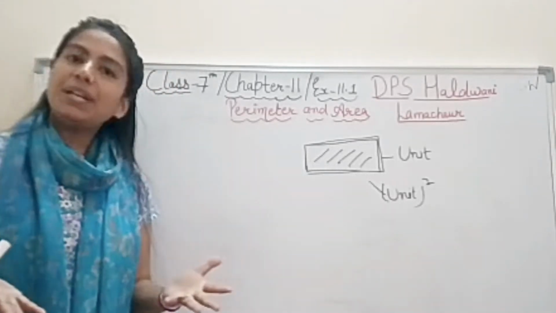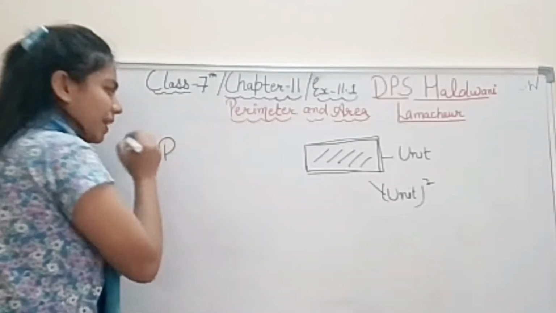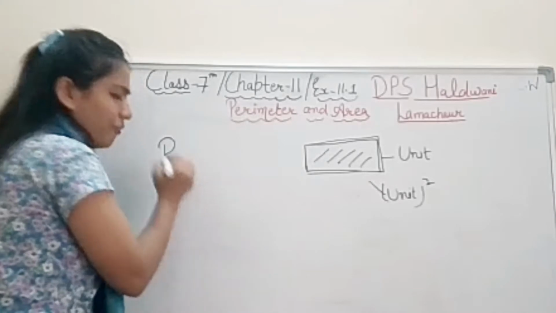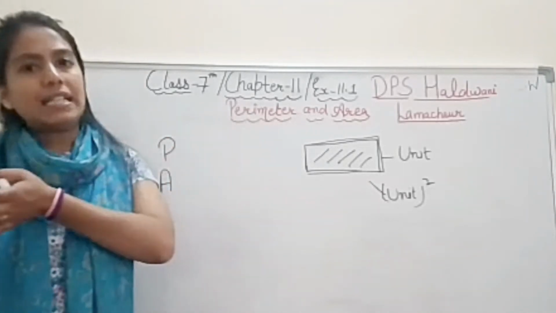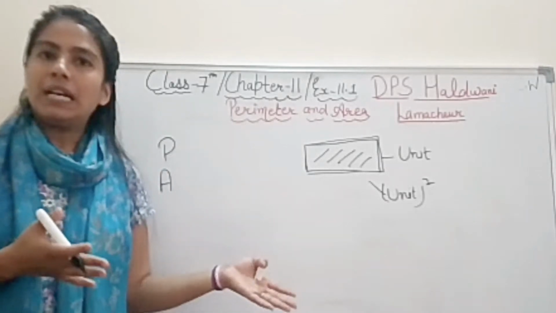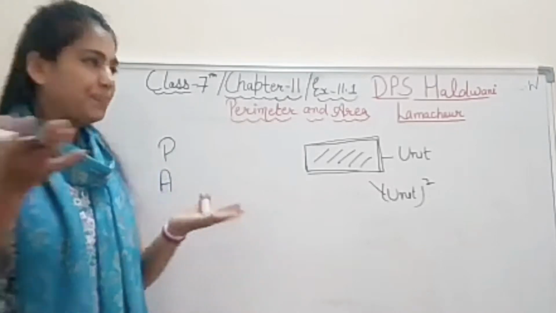What type of questions do we have, students? Basic questions only. Find the perimeter of a rectangle, the area of a rectangle, the area of a square, the perimeter of a square. If the side is given, find the perimeter. So basically you have to know the formulas.